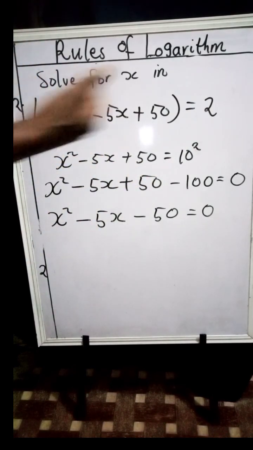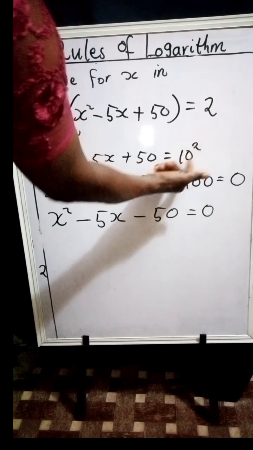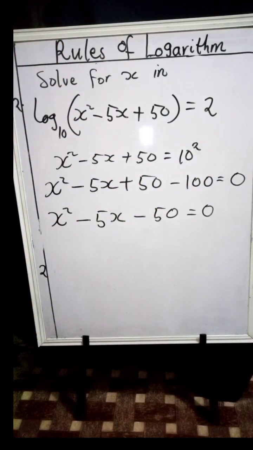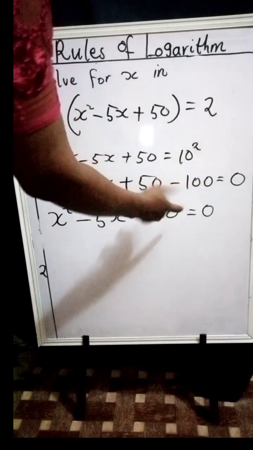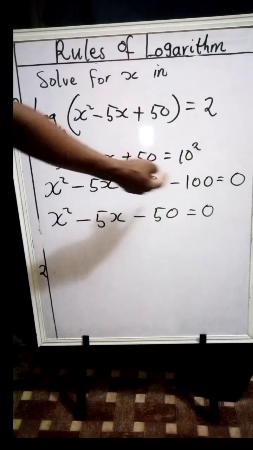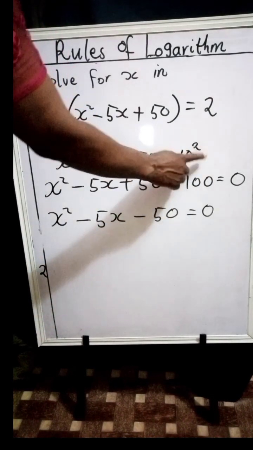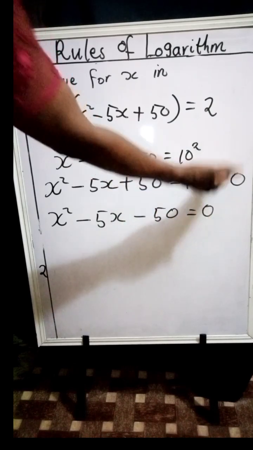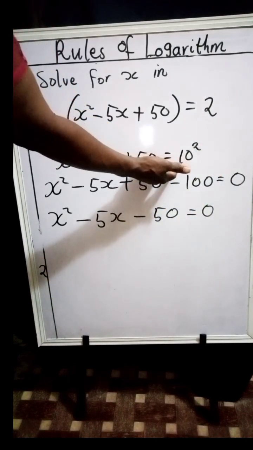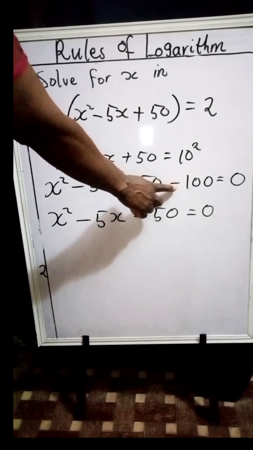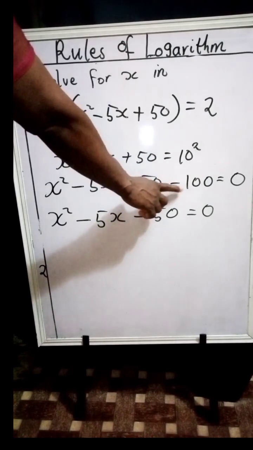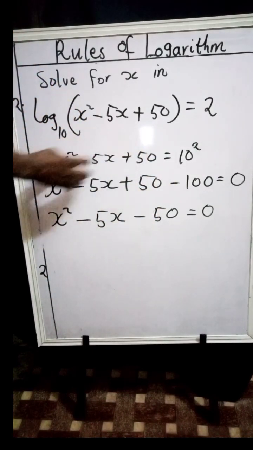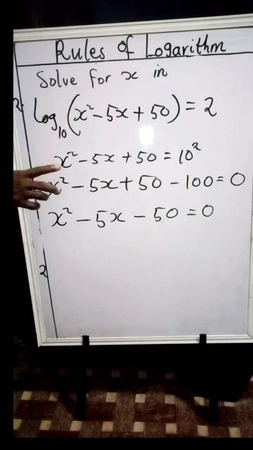So we have to move this 10 to power 2 to this side to form a quadratic equation. 10 to power 2 is 100, so we moved it to this side. When it crosses the sign of equality, it will become negative. That's why it is negative here. This one, I just brought it down the way it is.